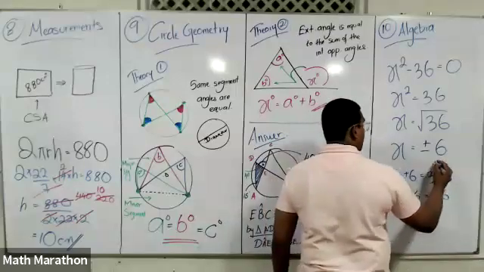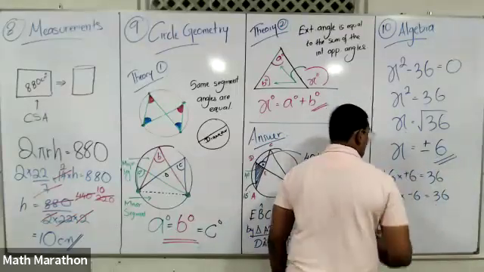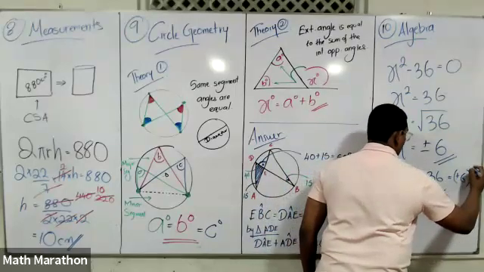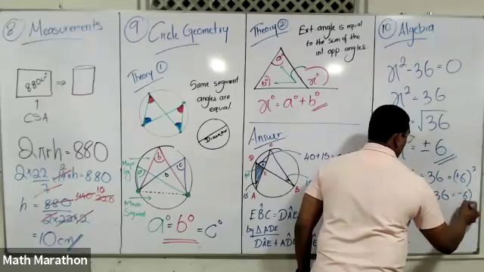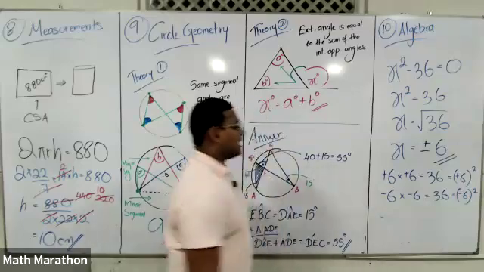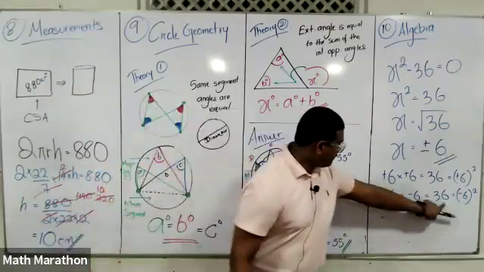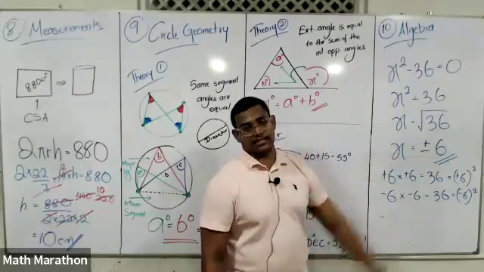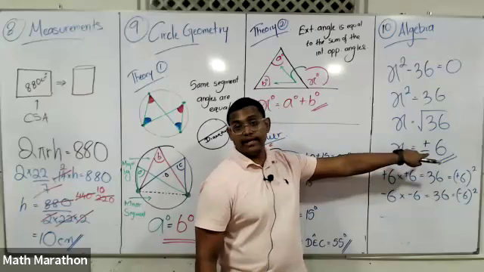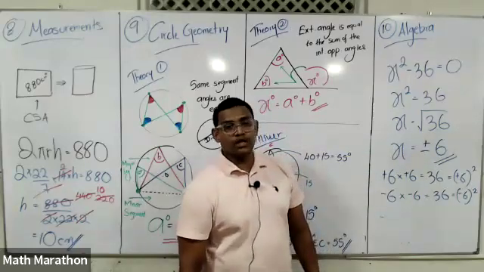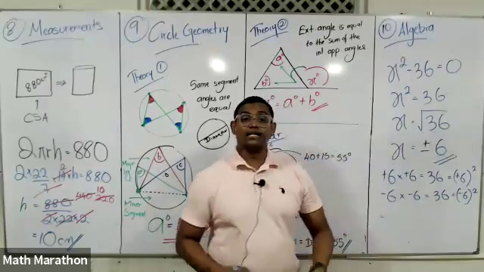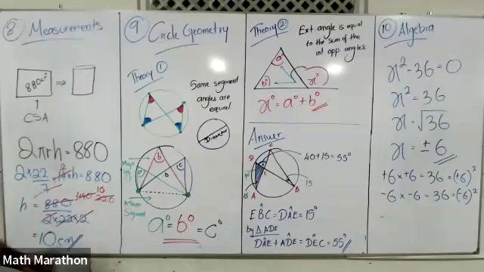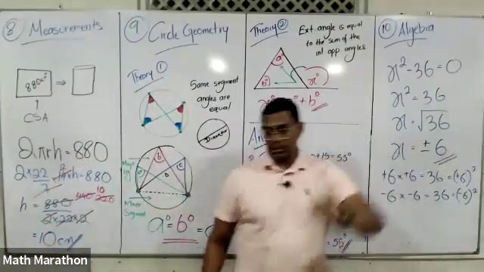So the answer should be either plus 6 or minus 6, because both plus 6 whole squared and minus 6 whole squared give you positive 36. That's why we write plus or minus 6. If you write only plus 6, you will get only half of the mark. So make sure you don't make that mistake. Good? I hope this is clear.